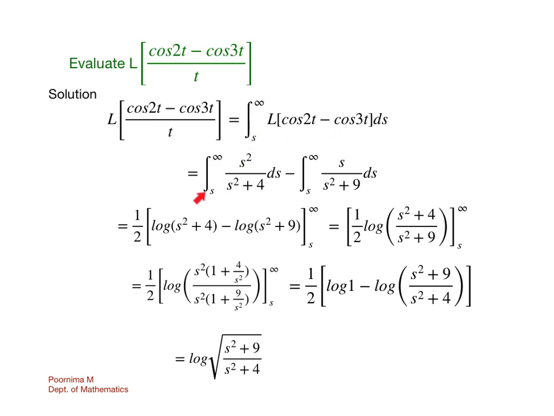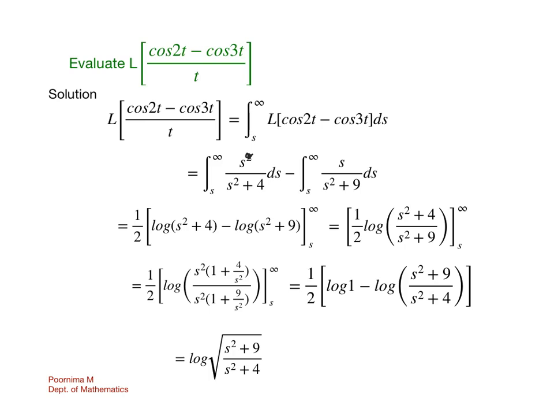that is, under the integral sign, integral s to infinity, Laplace transform of cos 2t is s divided by s square plus 4, that is 2 square, and the other one is s divided by s square plus 9. Now integrate this with respect to s.